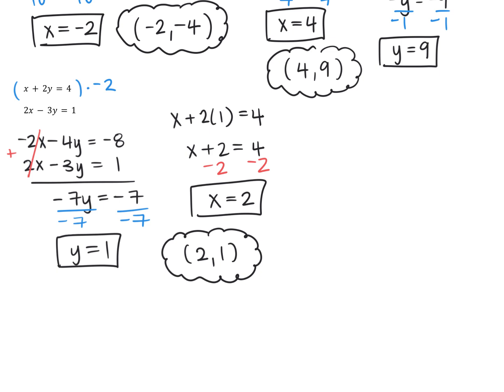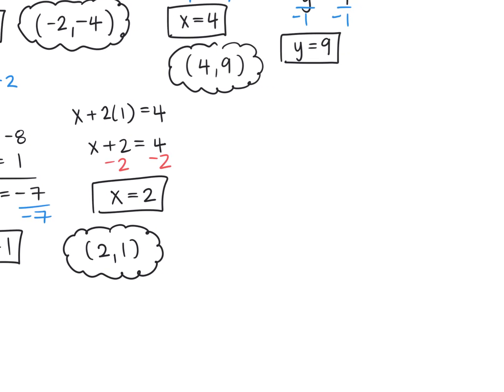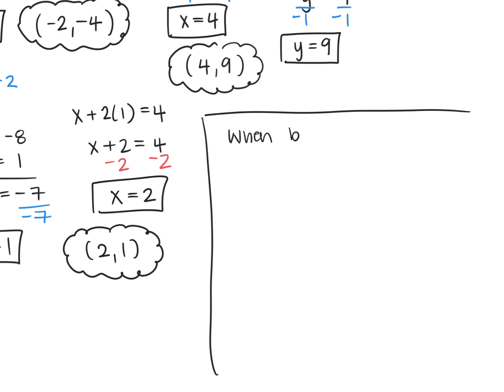The last thing we need to discuss is how can you tell algebraically whether a system of equations has no solution or infinitely many solutions. In both cases, the decision is made when both variables are eliminated. So the first one we'll talk about is if you end up with a true statement.